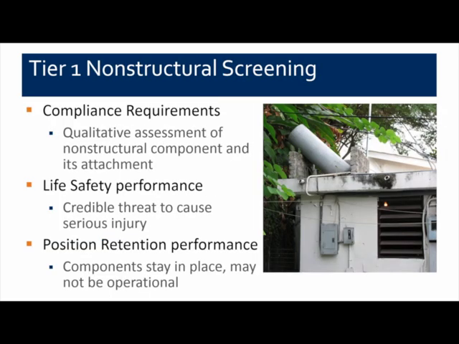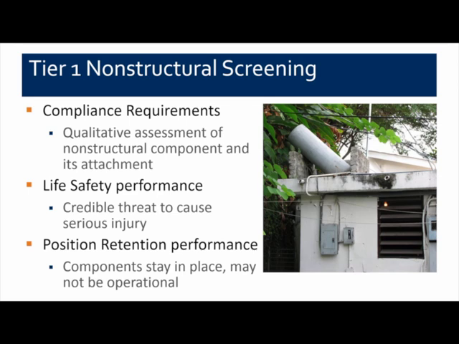In addition to looking at the structural components, the Tier 1 procedure also has a requirement to look at some of the non-structural components. And this requires a qualitative assessment of the non-structural components and their attachments. For life safety performance, in this type of evaluation, we're only looking for credible threats to life safety, things that have historically in the past caused serious injury to people.